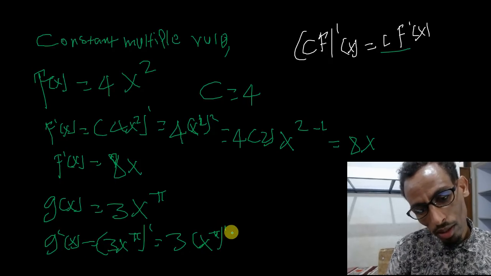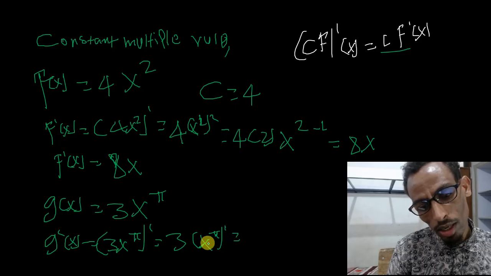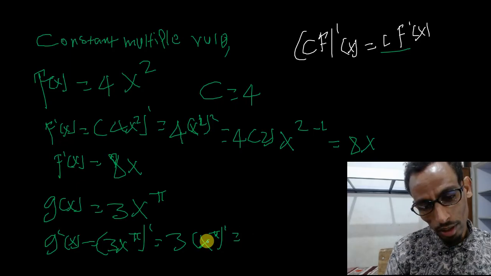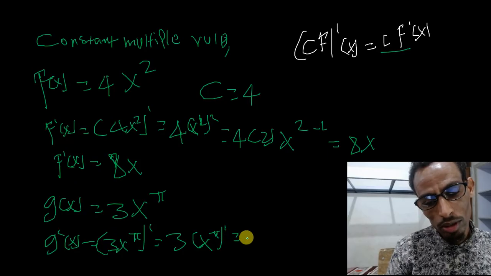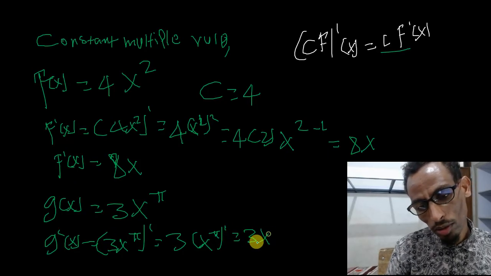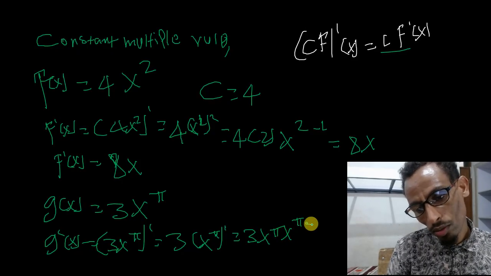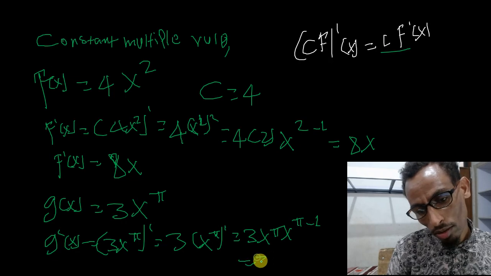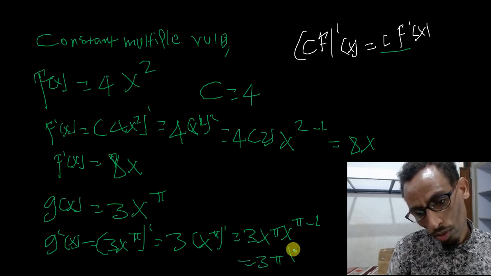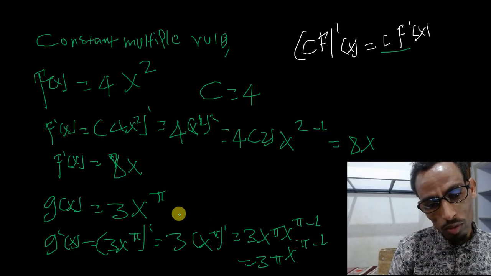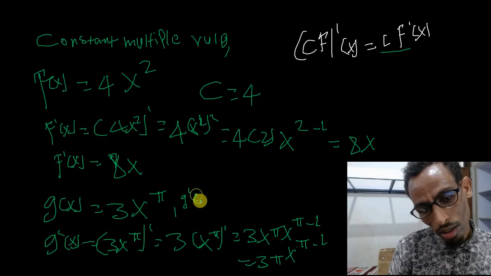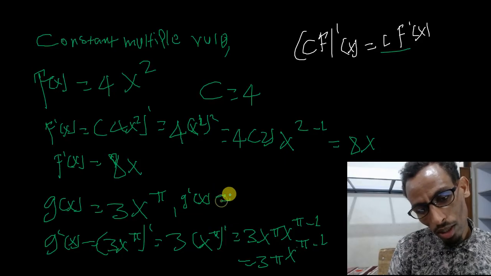Now we apply the power rule to x to the power of pi. That means 3 times pi, which is our exponent, times x to the power of pi minus 1. This is expressed as 3 pi times x to the power of pi minus 1, which is the derivative of 3x to the power of pi.